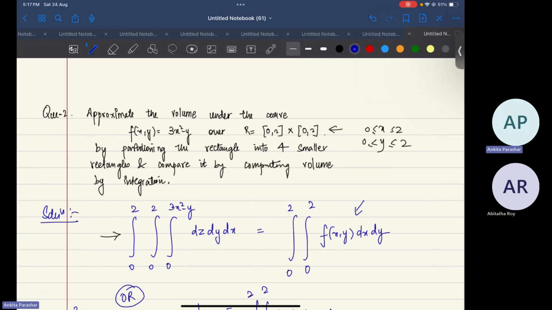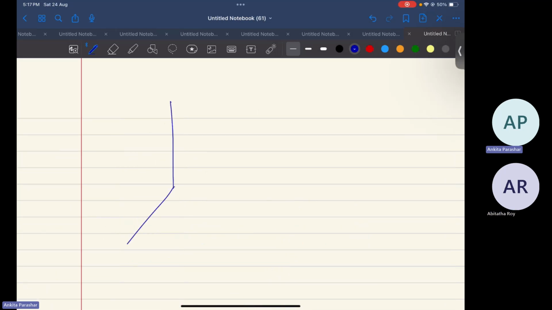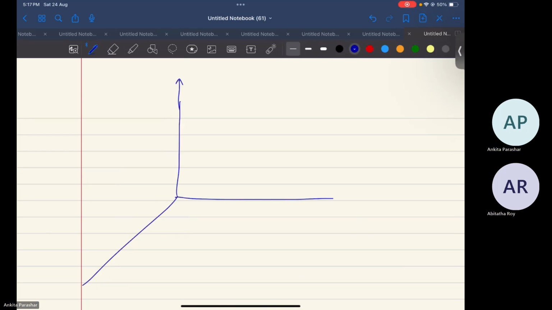First of all, look at the domain. The domain is 0 comma 2 cross 0 comma 2. Since it is a three-dimensional figure, I have to draw it. Let's say this is 1, this is 1, this is 2.